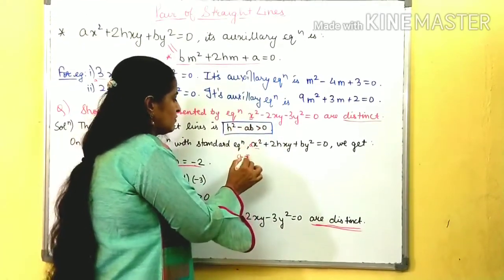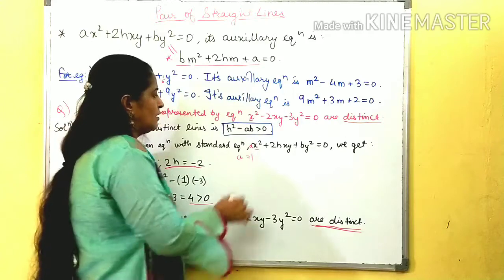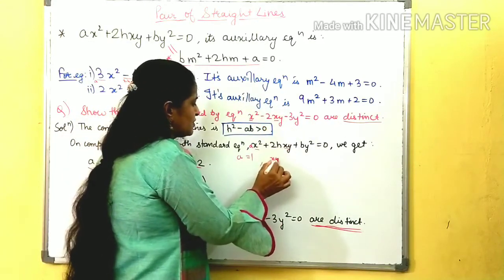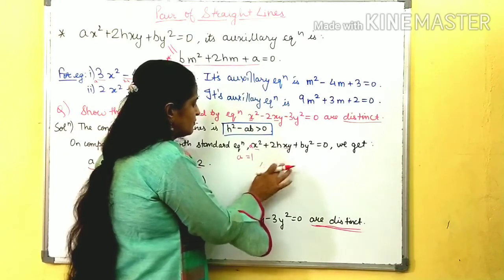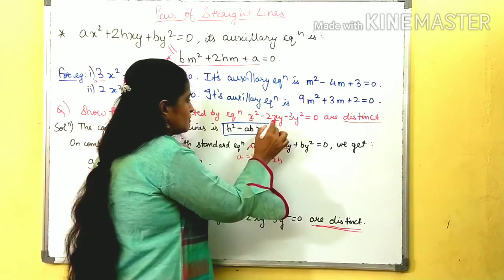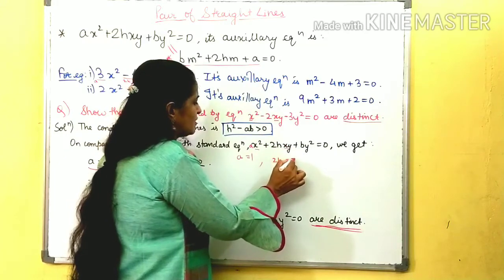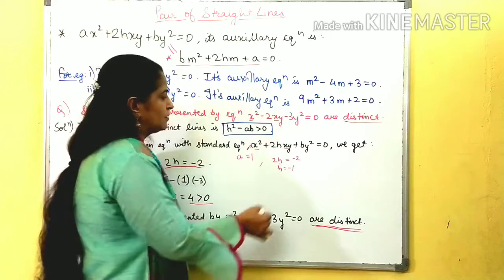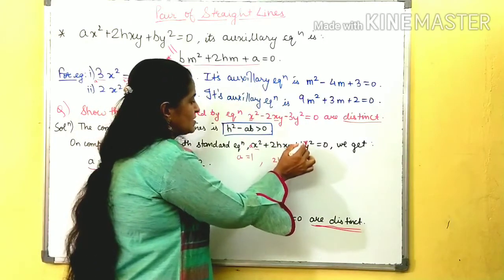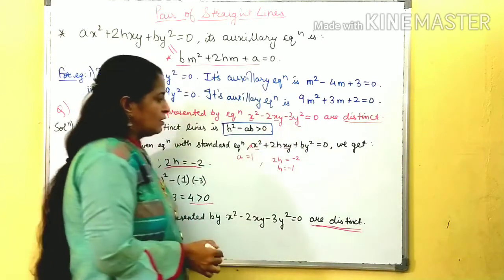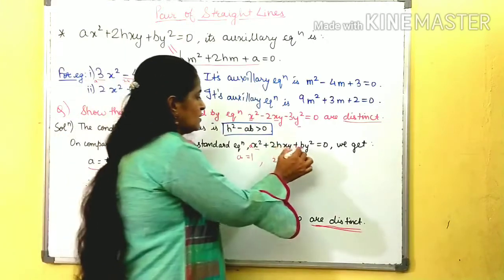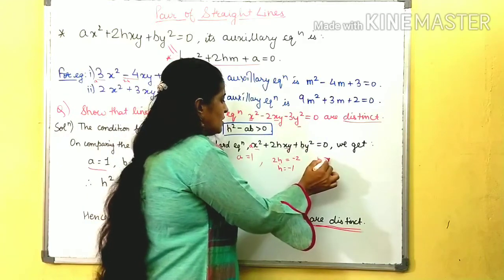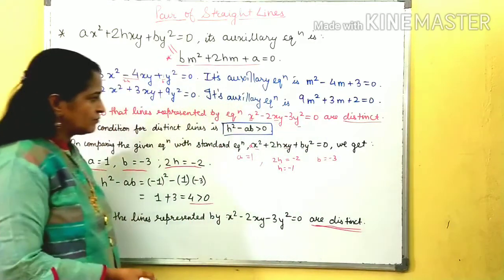Here coefficient of x square is 1. Then coefficient of xy is twice h. Coefficient of xy for the given equation is minus 2. So h is equal to minus 1. Coefficient of y square, compare that term. So here b is nothing but minus 3.